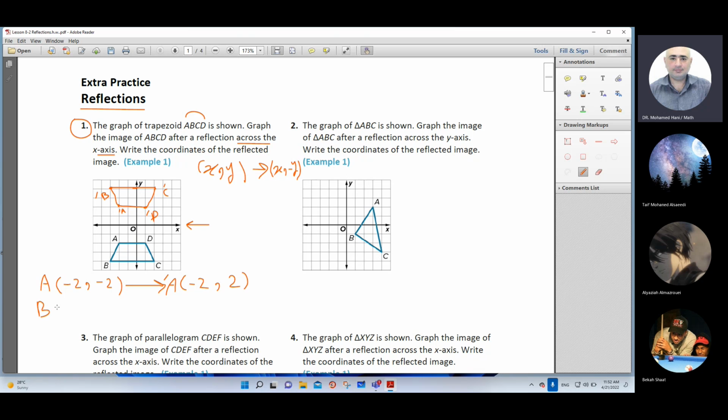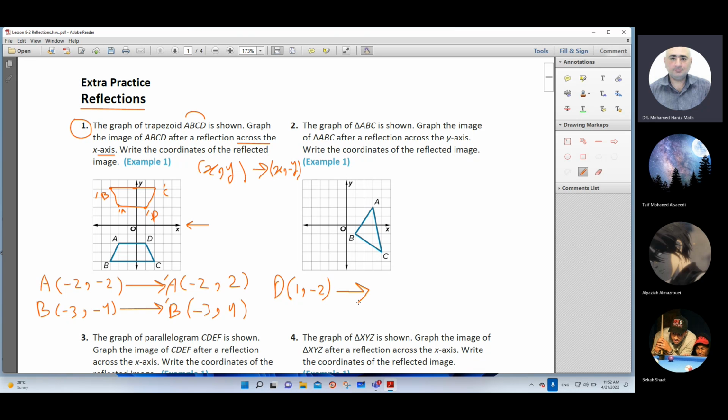And what is B? As you see, B is -3 in the x and -4 in the y. The reflection across the x-axis will be B prime. Keep the same x, -3, and take the opposite y, which will be 4. And what is D? As we see, 1, negative 2.